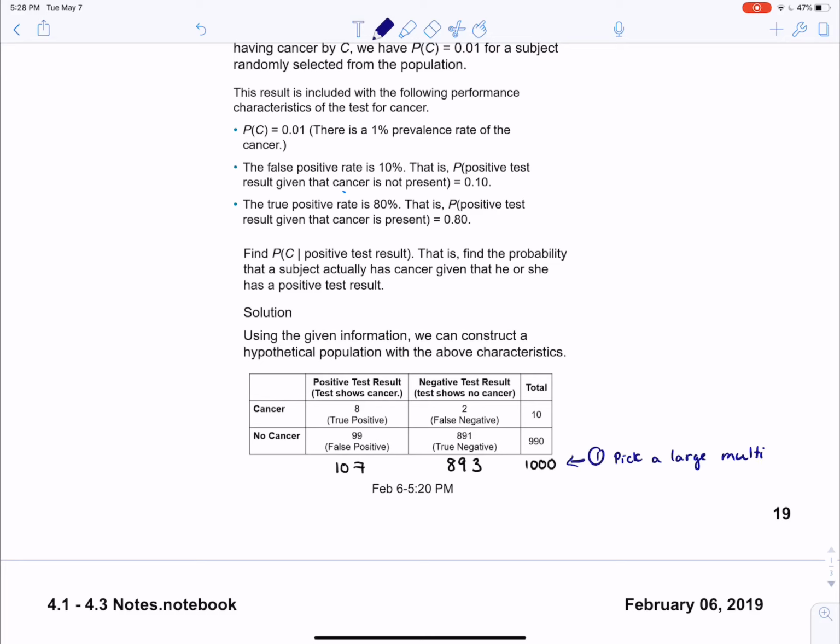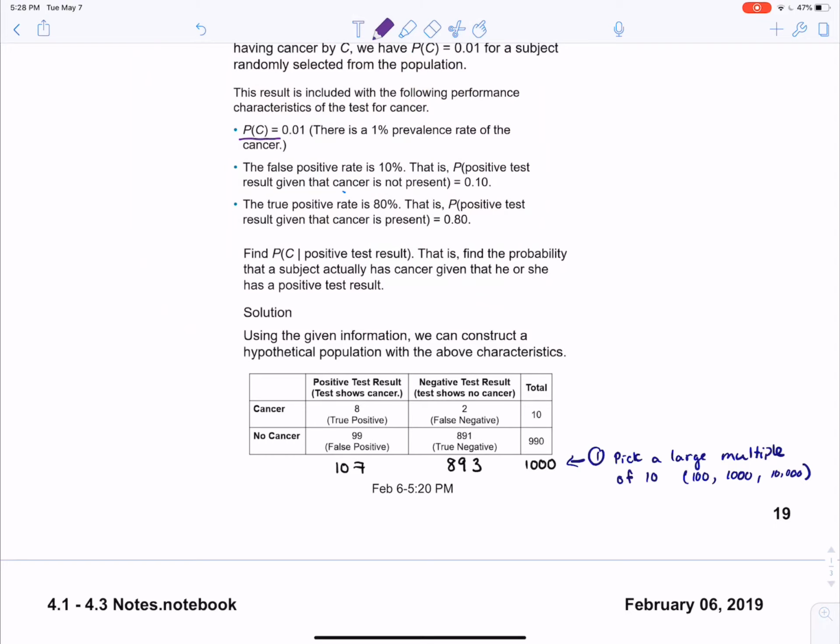Having a number for our population is going to make our life a lot easier than trying to deal with all of the percents. When I say a large multiple of 10, we typically think of like 100 or 1,000 or 10,000. You can go as large as you'd like. Then we use the information that they gave us to figure out the rest of this table.